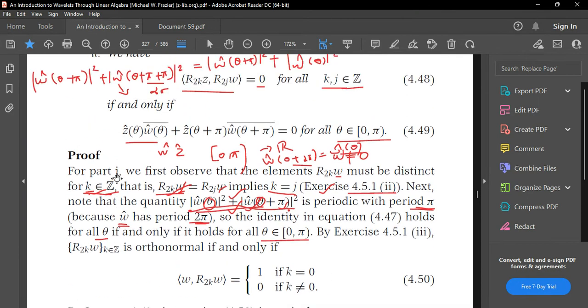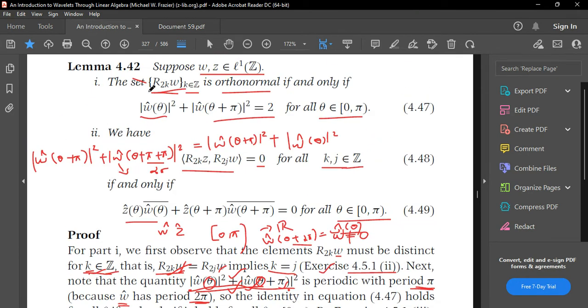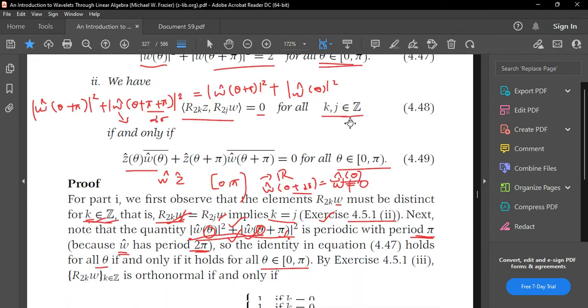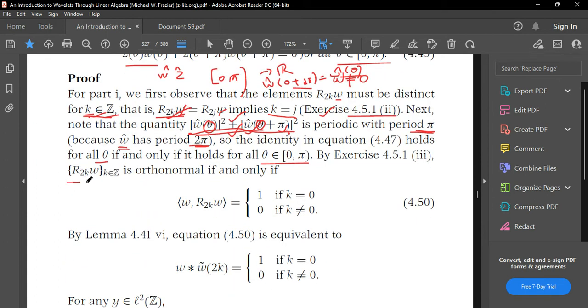What we have in hand is that the set {R_{2k} w} is orthonormal. Then we will prove this identity is true for theta belongs to 0 to pi. Now take {R_{2k} w} orthonormal, then we can write the inner product of w and R_{2k} w equal to, because when k is 0, what will this element in this set be?